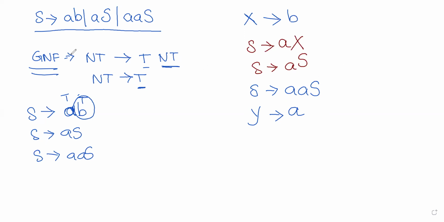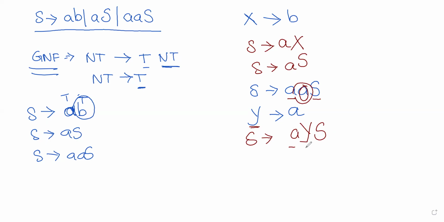My GNF should start with the terminal. It can have non-terminals, but in between it should not have a terminal. So I'm updating the value of Y only in this part. Instead of this A, I'm putting capital Y, and S is already there. Now this is following the property of GNF.